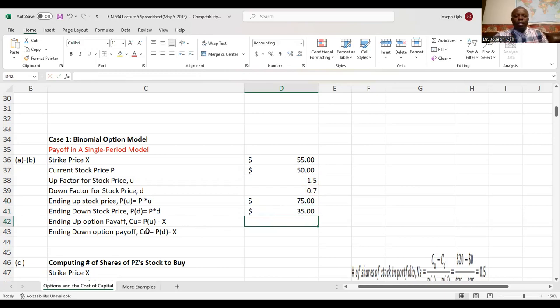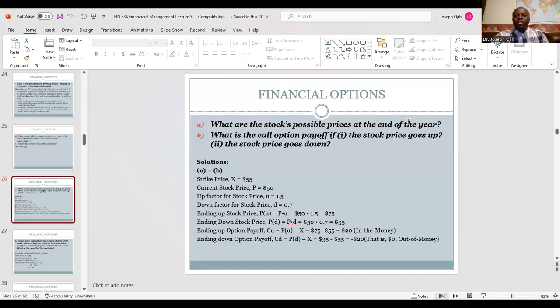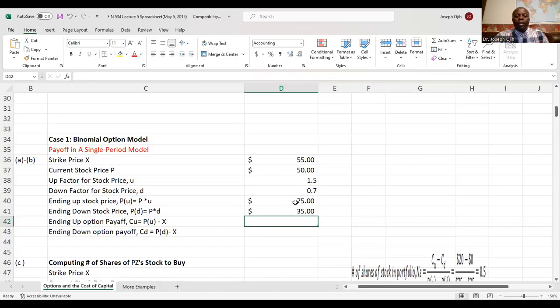So we answered part A. Remember that part A says, what are the stock's possible prices at the end of the year? So at the end of the year, you have two prices. Either it's high, which is $75, or down at $35.